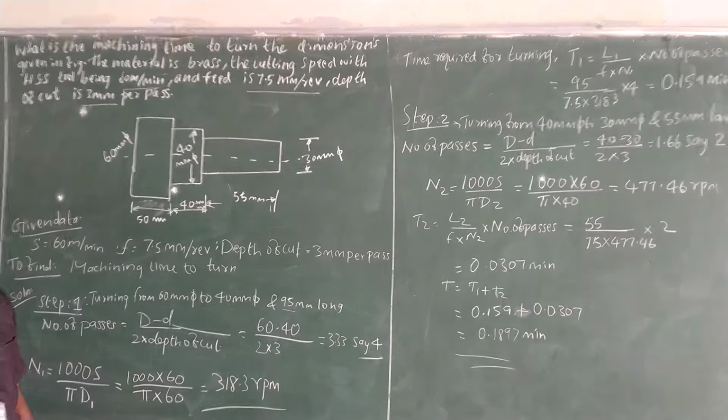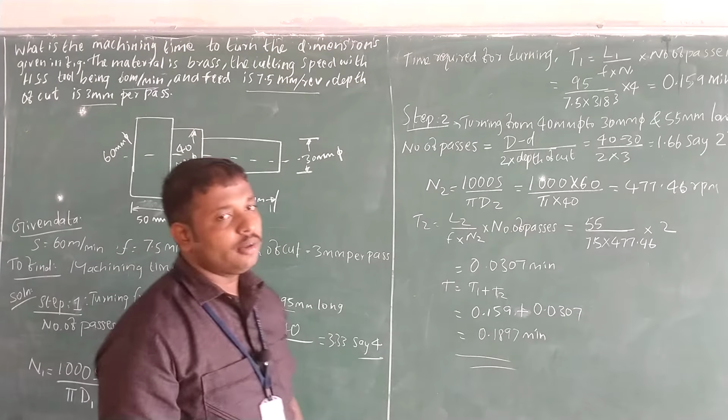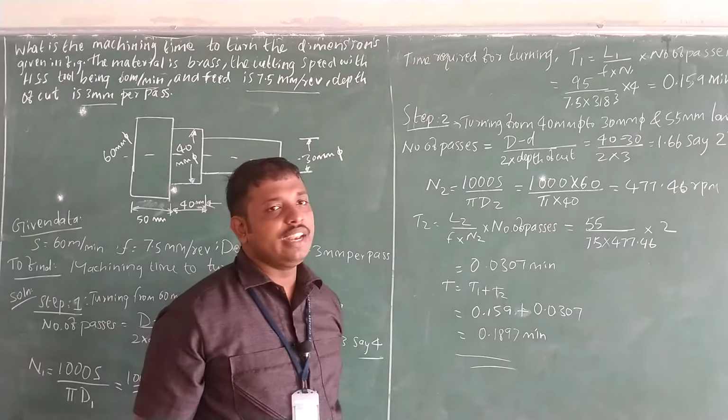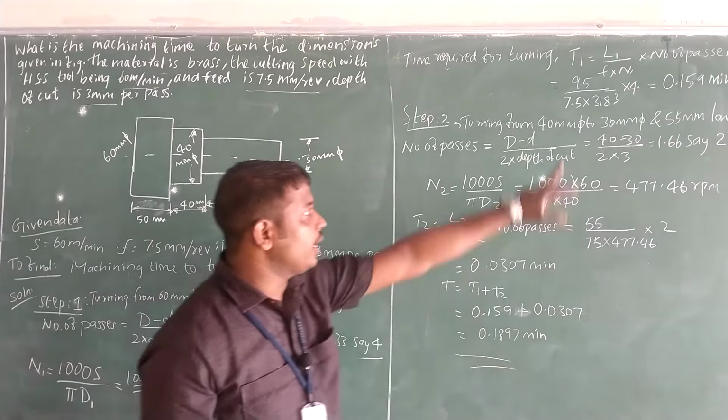Next we find T1, the time required. T1 equals L divided by F into N into number of passes is the formula.